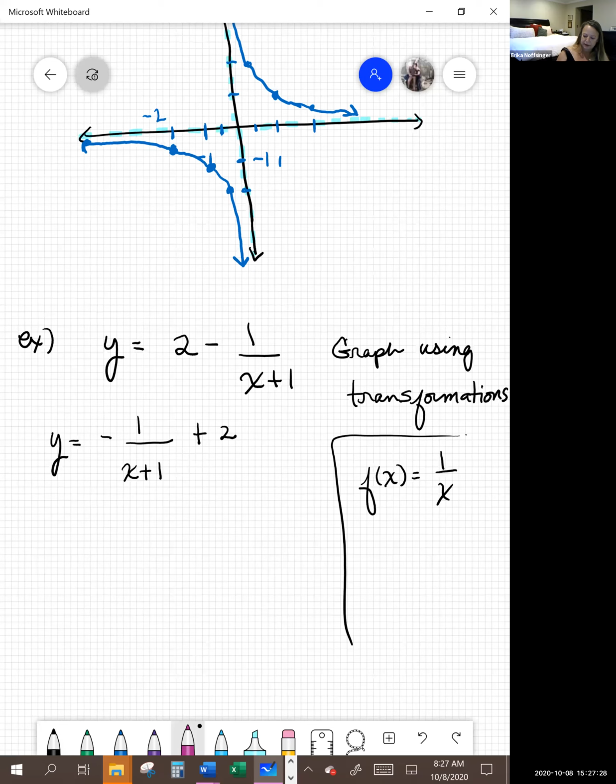So what is that plus 1 doing in here? To get that x plus 1 there, I would have to look at f of x, plugging in x plus 1 wherever I saw an x.